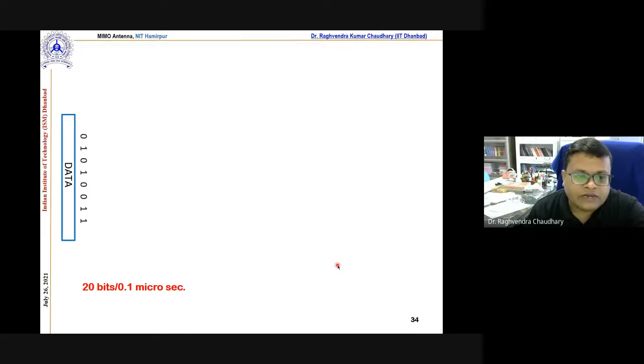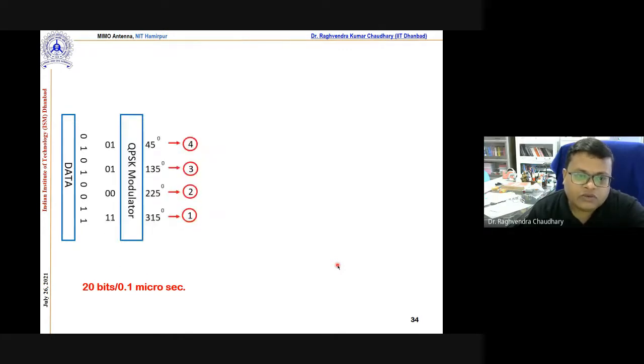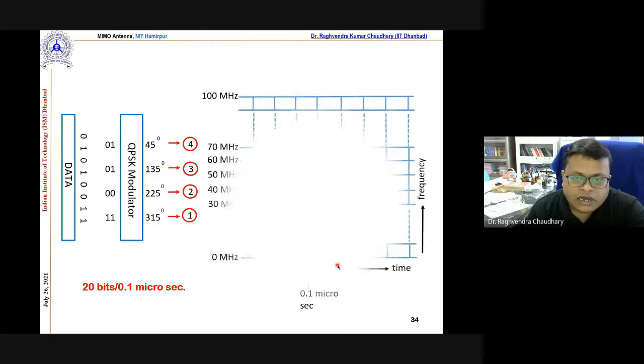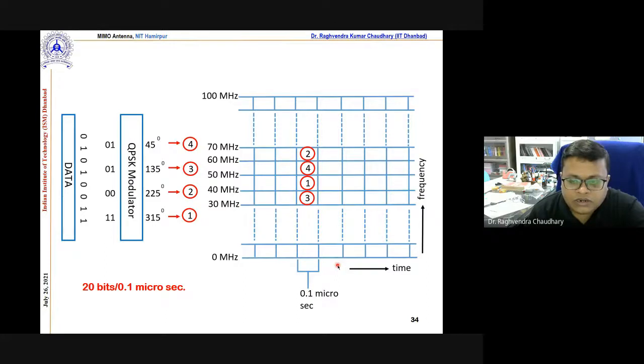Now let's say we have data in this format, okay, and I'm using the QPSK modulation, correct? So these 01, 01 symbols I have written, let's say we have 4 symbols, and let's say I have a window of 100 megahertz. So what I did was divide it into parts of 10 megahertz for each channel, like you can see, 30, 40, 50 like that. Okay, so in this way, when I introduce the modulation scheme, I may improve the data rate.